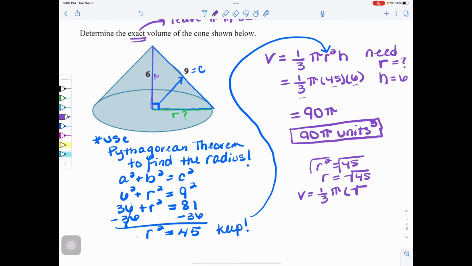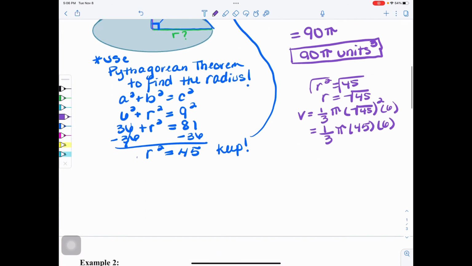In for r would have been the square root of 45, but then you would have turned right back around and squared it, times 6, which is the height. So you would have just had this step, 1/3 pi, the square root of 45 squared is 45 times 6, and now you can see it looks exactly like what we did above. So if you realize to keep it, great. If you don't, you're still going to be able to get the correct answer.